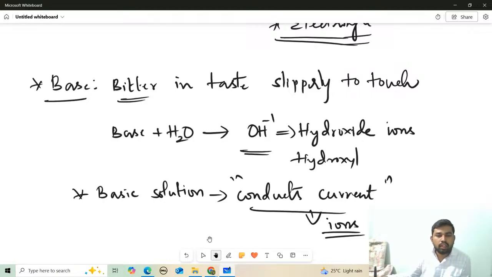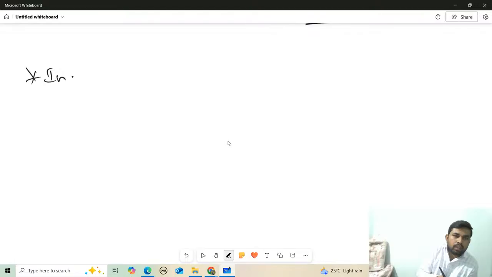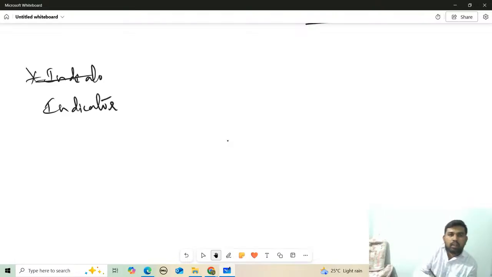Now let me discuss indicators. Let me write what we mean by indicators. Why does this concept arise? Some substances are there.